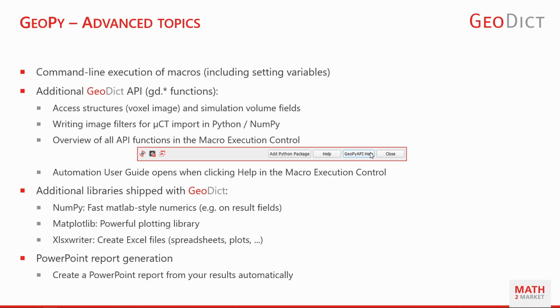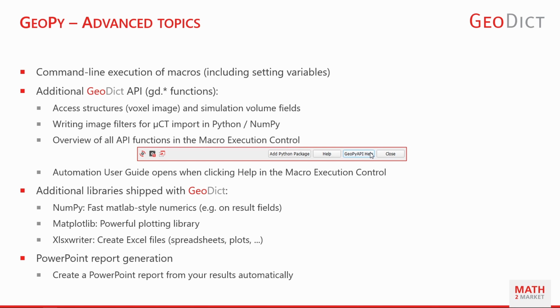First of all, you can also execute macros directly from the command line, including setting variable values, which is a powerful method to integrate GeoDict in your custom simulation and analysis pipelines. Furthermore, we have a set of GeoDict application program interface functions, where we already have seen the GD1 command for the fiber structure generation and the FlowDict simulation, and the GD MSG box.